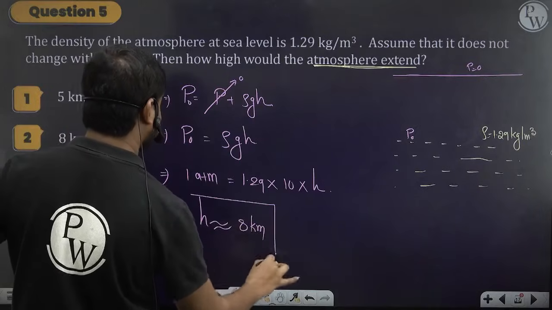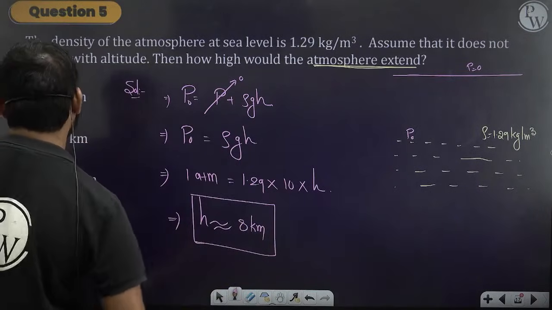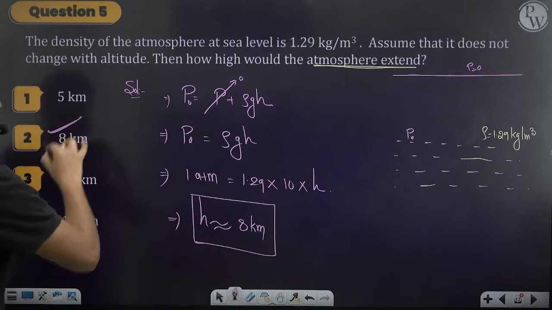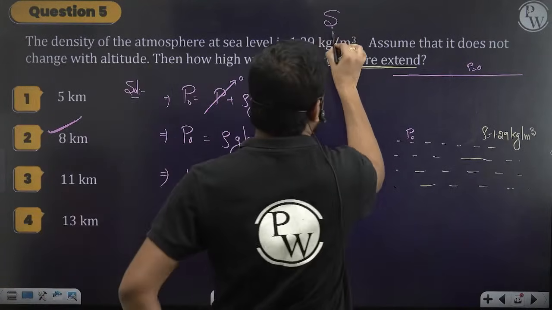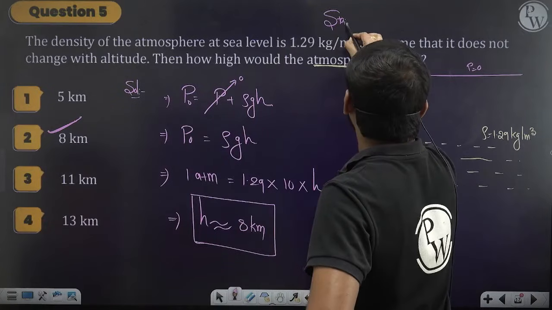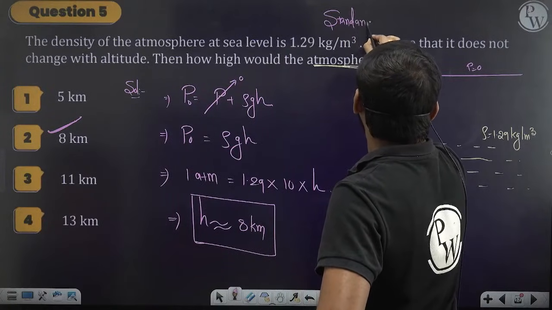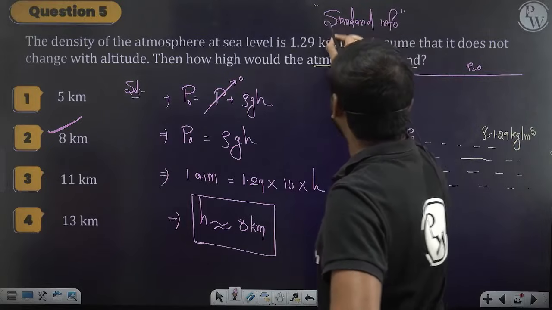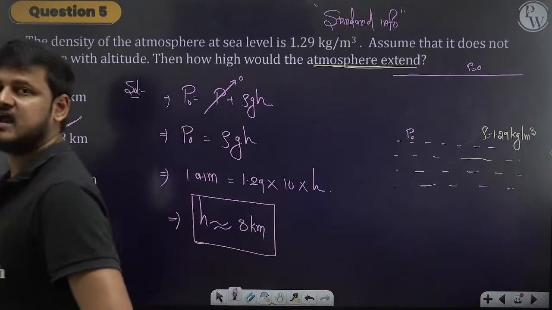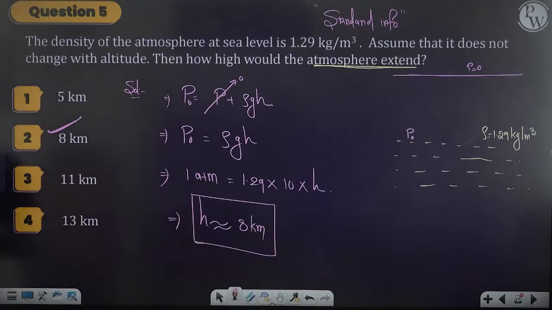This is standard information, guys, you should remember. Above the sea level, the atmosphere exists till an altitude of 8 kilometers. After that, it will not exist.